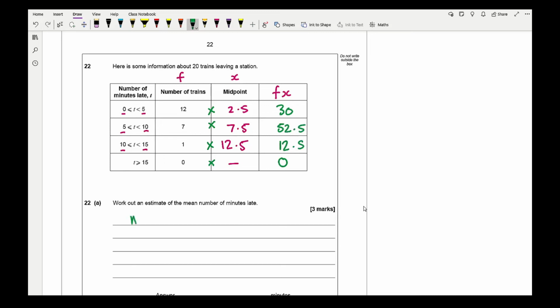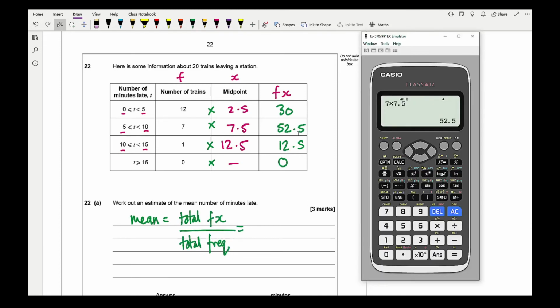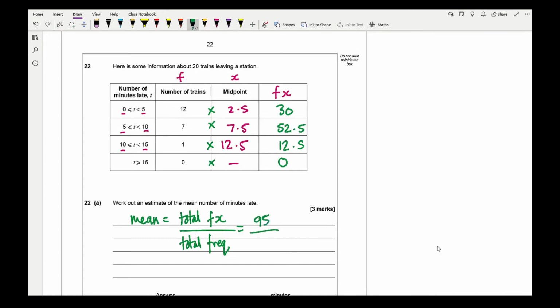Now to work out the mean, it's the total fx divided by the total frequency. So the total fx is where I add up the fx column, so that's 30 plus 52.5 plus 12.5, which gives me an answer of 95. And if I add up this column here, that's going to be 20.